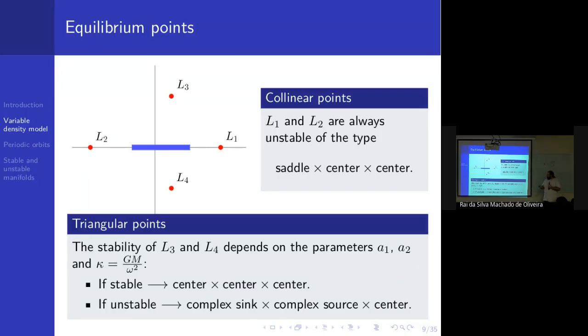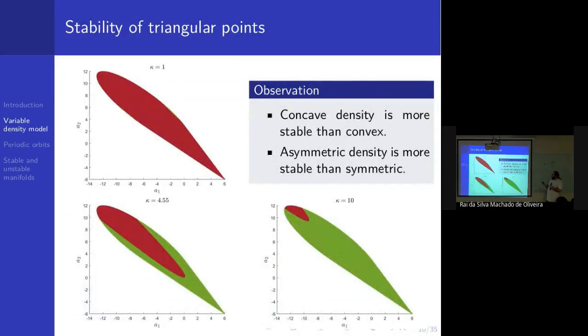Okay, but let's see a little bit more about the stability of the triangular points. Because as I said before, it depends on this constant K and the density distribution. So here we have plotted the stability of the equilibrium points for some values of the constant K, for all the values of the mass density distribution.